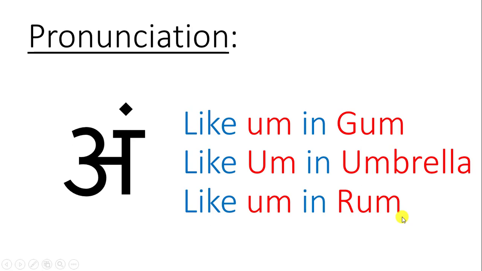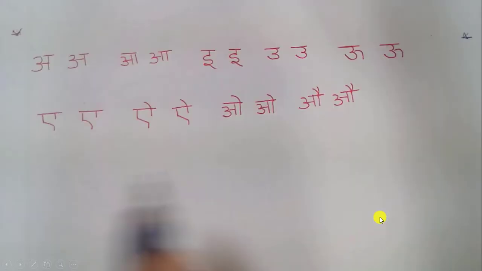Next is a, and it is pronounced like the u in gum. Gum. And like the u in umbrella. Umbrella. And like the u in rum. Rum. All right. Let us see how to write it.